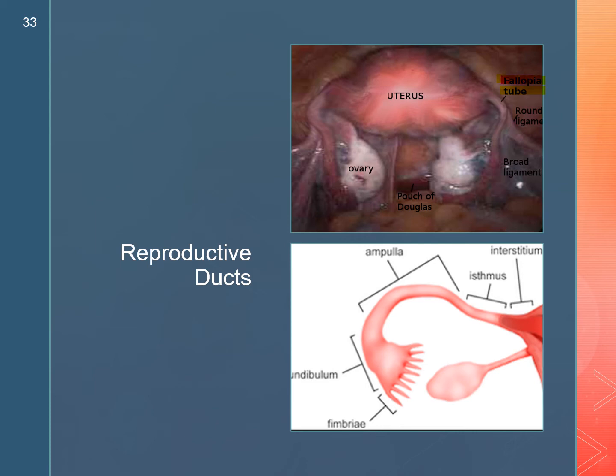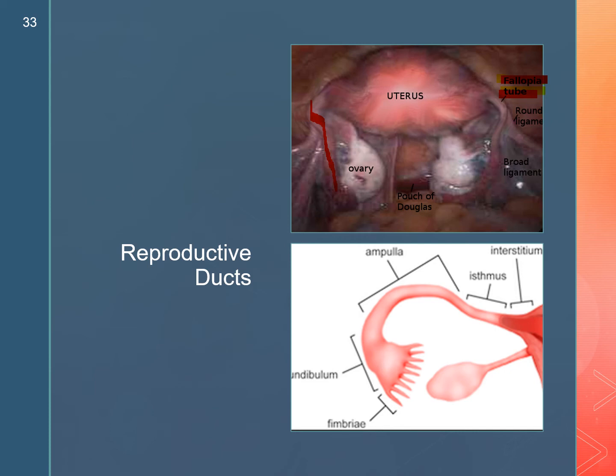What if I use red? Okay, so here we can see the fallopian tubes. There's one on the other side as well, right here, and the ovaries are connected to those. Now, the fallopian tubes are not attached to the ovary at their terminal end. So if you look at this bottom picture, you can see this interstitium is where the tube enters the uterus.